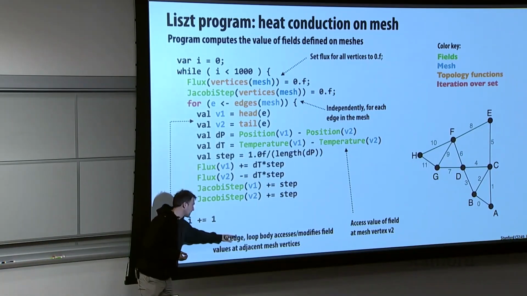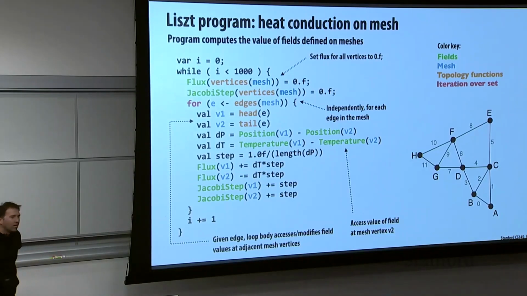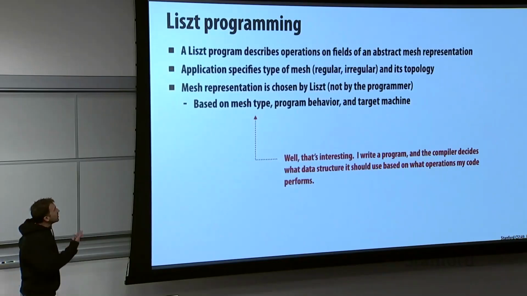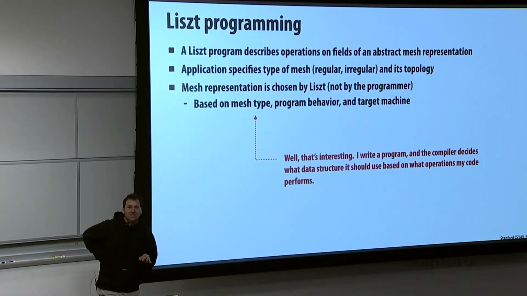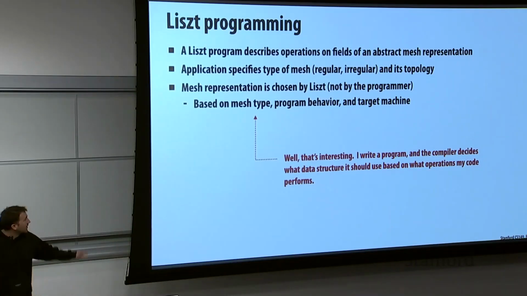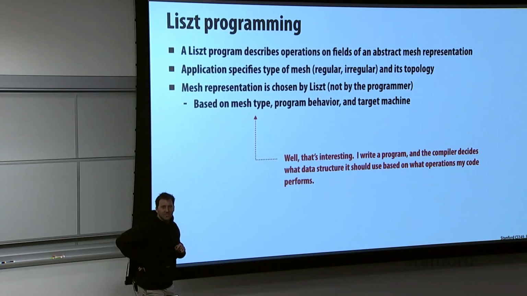But given an edge, the loop body accesses and modifies fields or data on all of the parts of the relevant mesh. So a Liszt program can only describe operations on reading and writing fields of a mesh. That's the only thing they can do, right? But scientists writing these scientific codes, that's how they think about writing their codes. And the mesh representation is chosen by Liszt for you based on whatever computer you're running on.